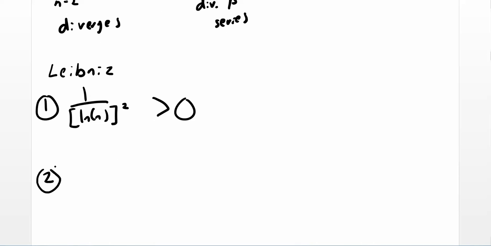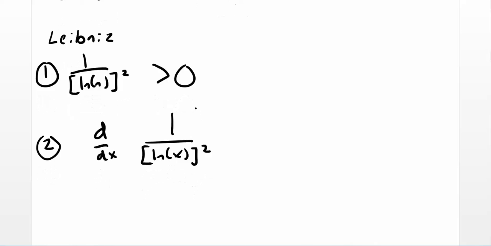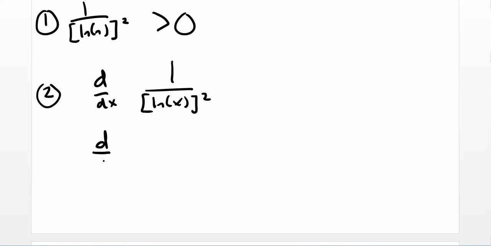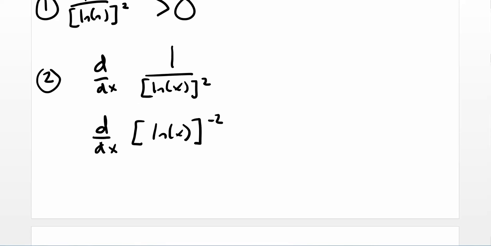Number 2, is it decreasing? Well, we'll take the derivative and see. 1 over the natural log of x squared. This is natural log of x to the negative 2. And then now we'll take the derivative. We'll get negative 2, applying the chain rule, natural log of x to the negative 3 times 1 over x.